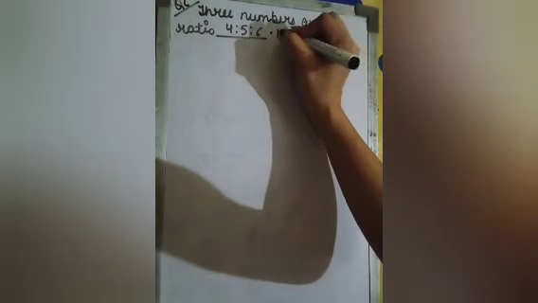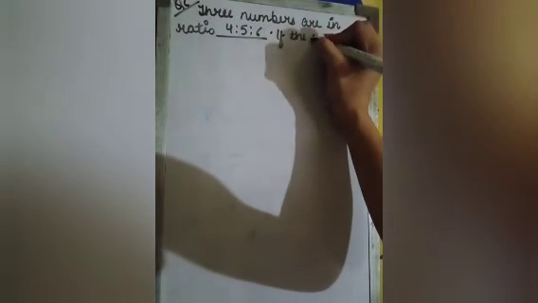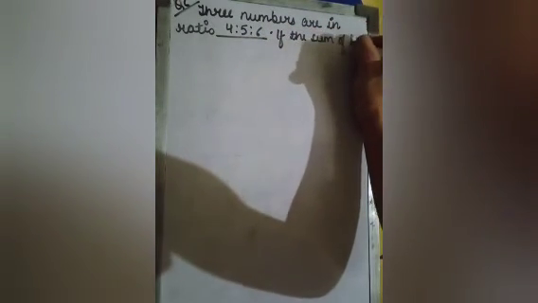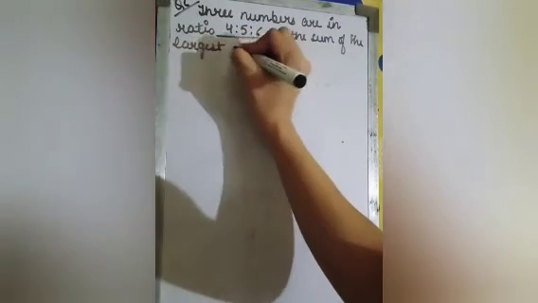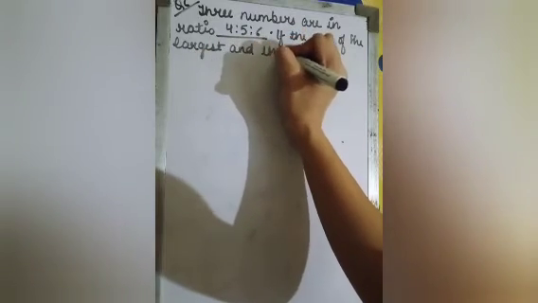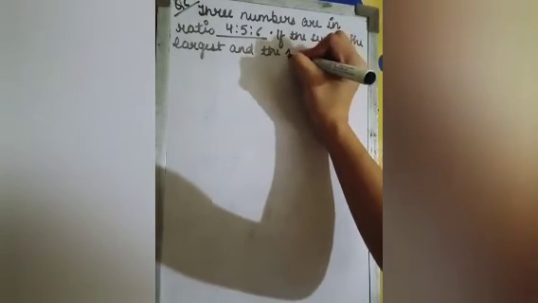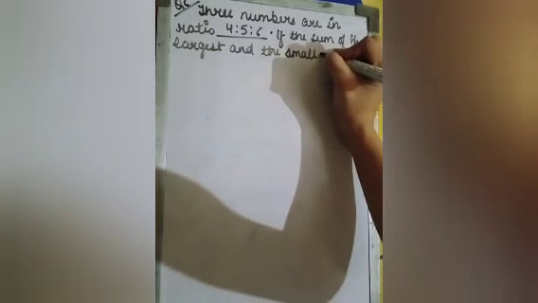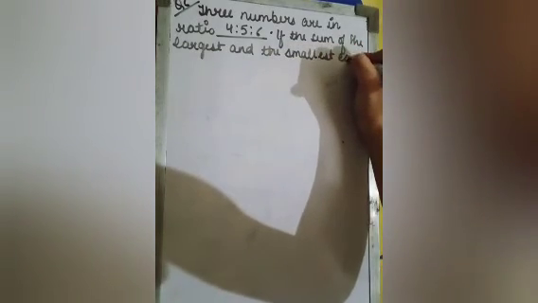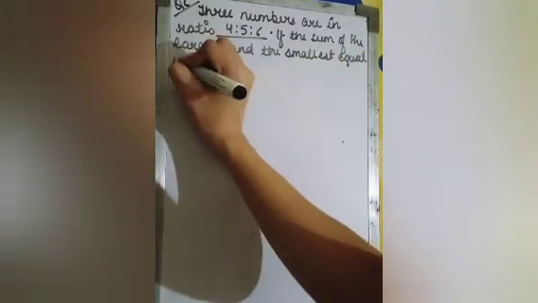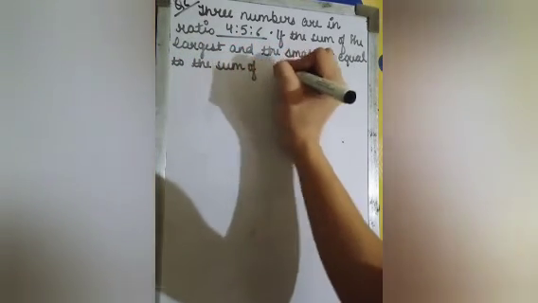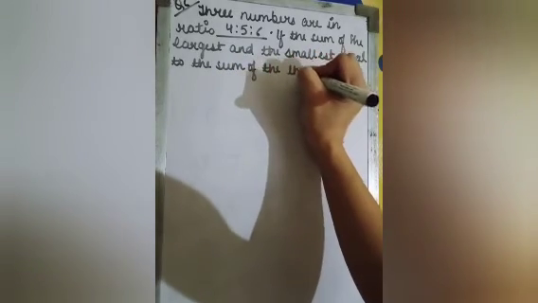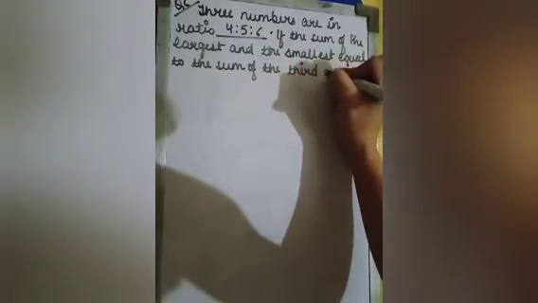If the sum of the largest and the smallest is equal to the sum of the third and 55.